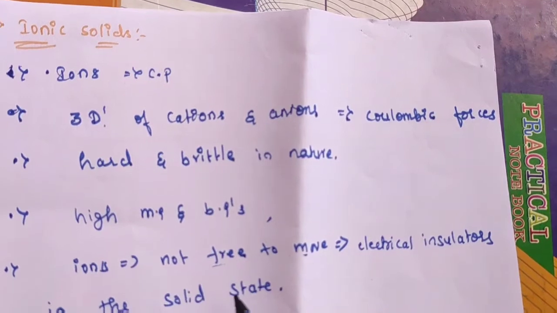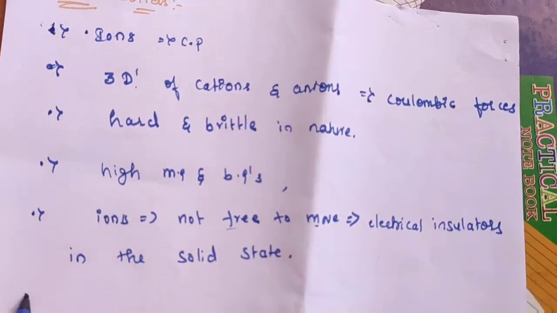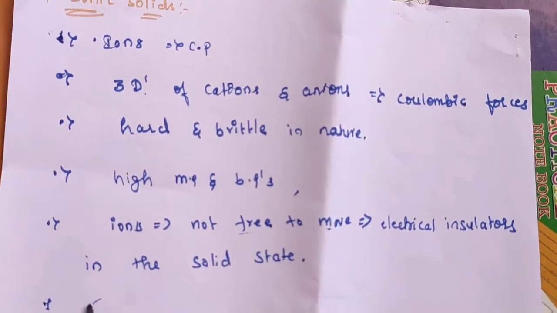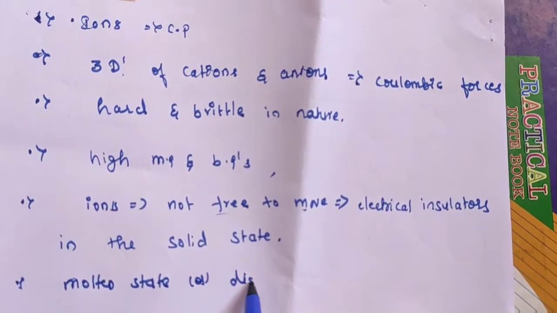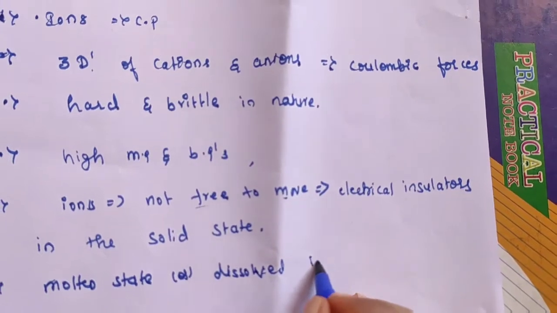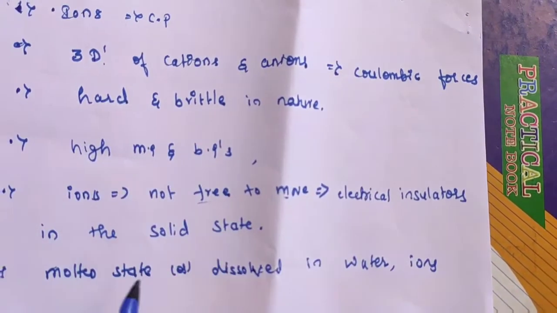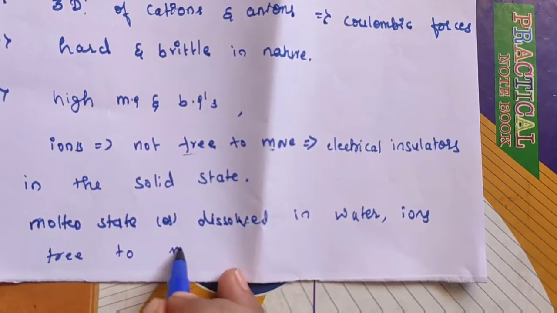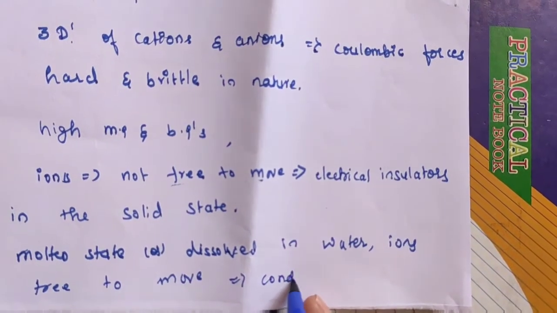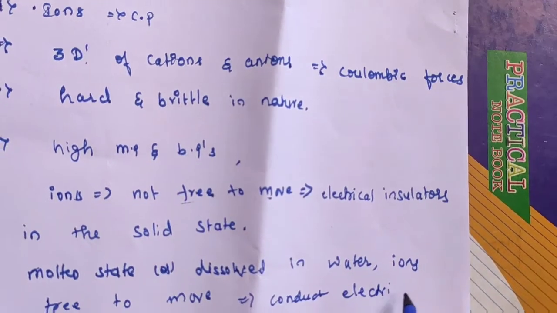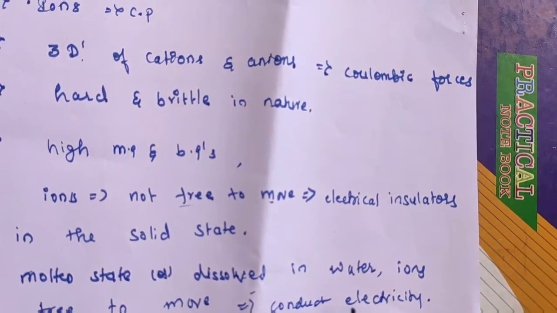But whenever they are converted into a liquid state, that is the molten state, or when dissolved in water, the ions become free to move, and at that time they conduct electricity.